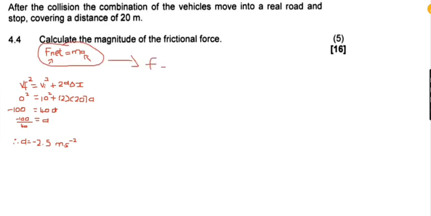So friction is equal to mass times acceleration. The mass of the objects, if we calculate them together, it's 1,200 plus 1,800, which gives us 3,000. The acceleration we have as minus 2.5. And if you solve that, you should get an answer of minus 7,500 newtons.